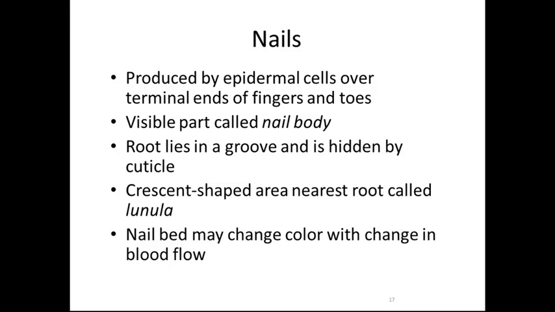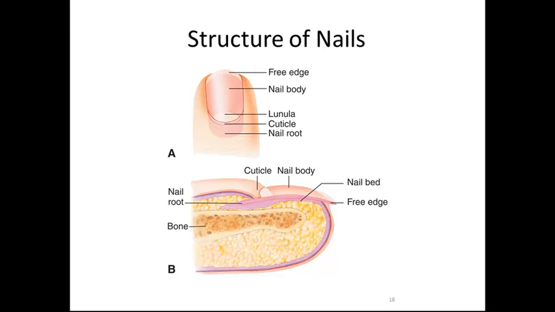Nail bed may change colors with a change in the blood flow. Sometimes a nail can turn white, yellowish, or bluish. Picture of the nail showing the nail root, the cuticle, the nail body itself, and then the nail bed just below the nail.